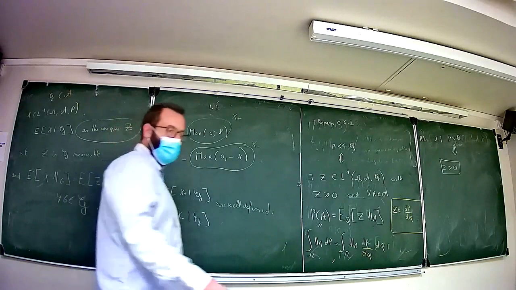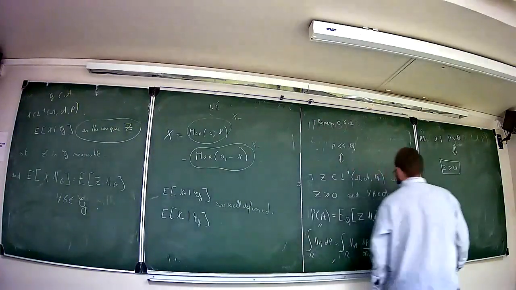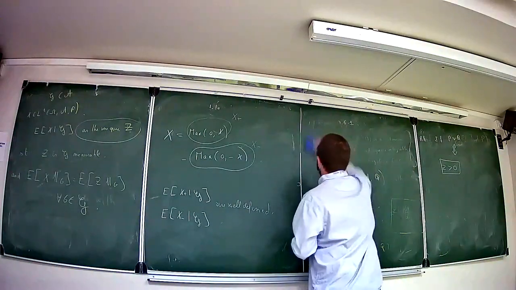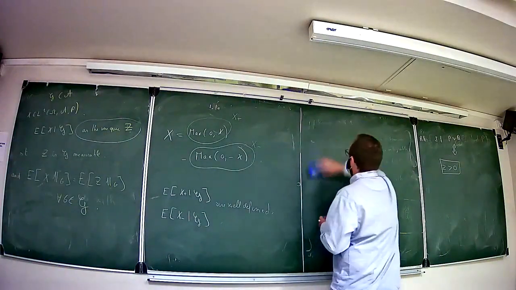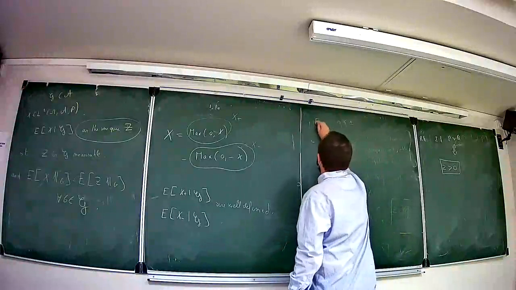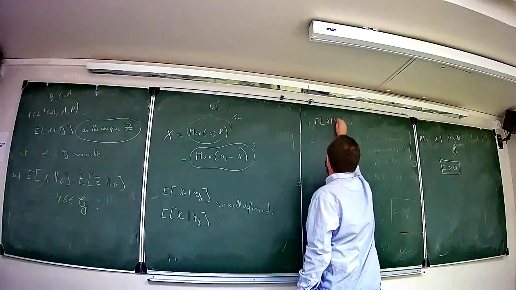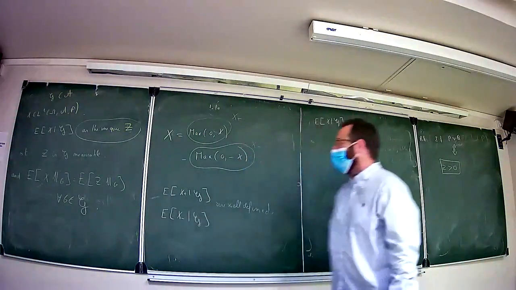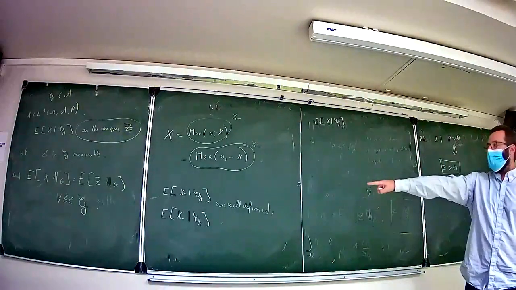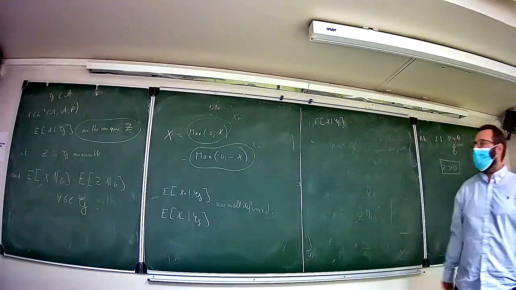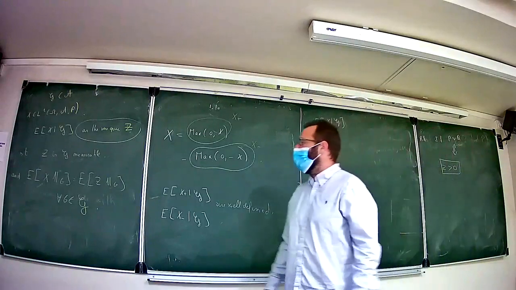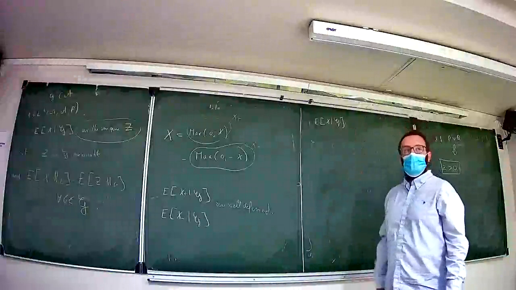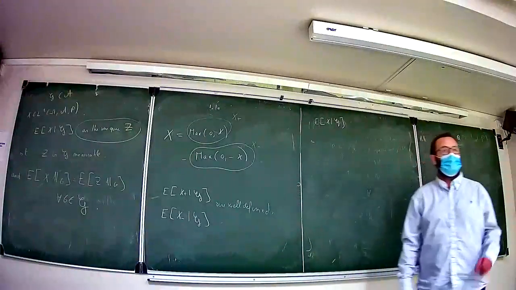What will be a natural candidate for the conditional expectation of x given j? Suppose that these ones are okay and fulfill my definition, that is, if I replace x by x plus and x by x minus, I have this. And I want to define this one. How to define this one from these ones?